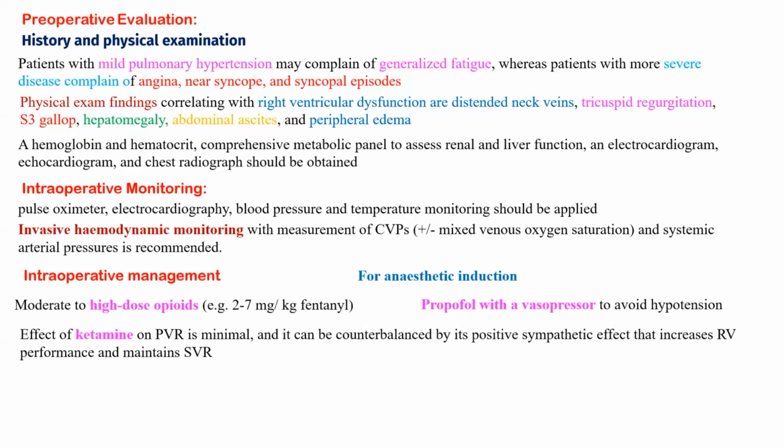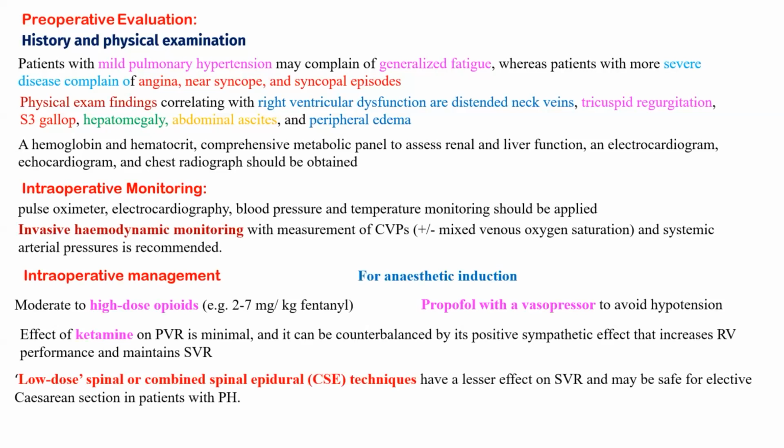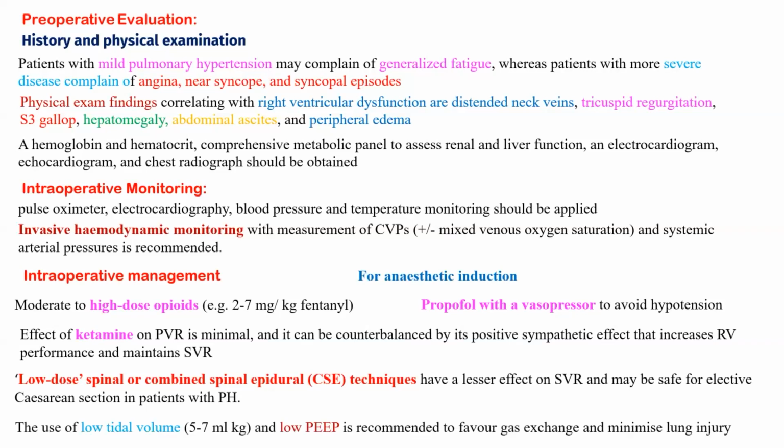Because if SVR falls, the pulmonary pressure will be high and it will cause admixture. Low dose spinal or combined spinal epidural techniques are much safer and have less effect on SVR. So maintenance of SVR is very important in all patients with pulmonary hypertension.